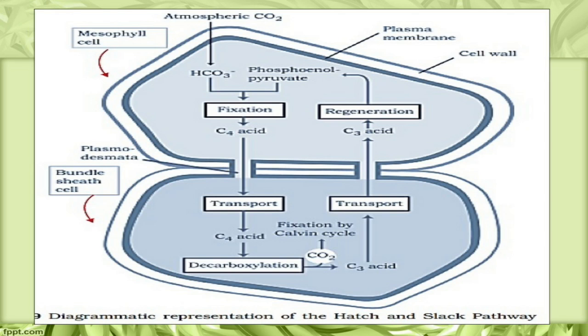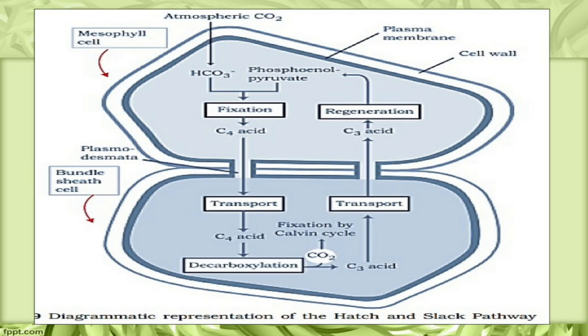See the diagrammatic representation of the C4 cycle or Hatch and Slack pathway. The upper one is the mesophyll cells, the lower is the bundle sheath cells. The two cells are interconnected by the plasmodesmata, that is the small pores. Atmospheric carbon dioxide is first of all fixed with PEP, phosphoenol pyruvate, and a C4 acid, malic acid, is formed.